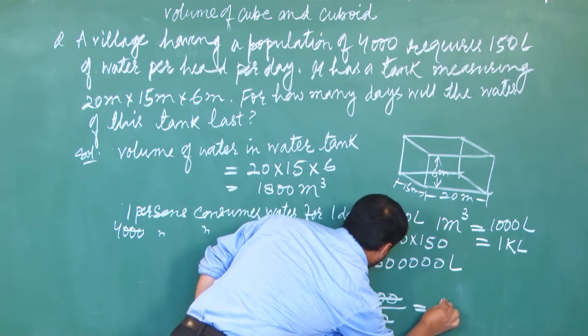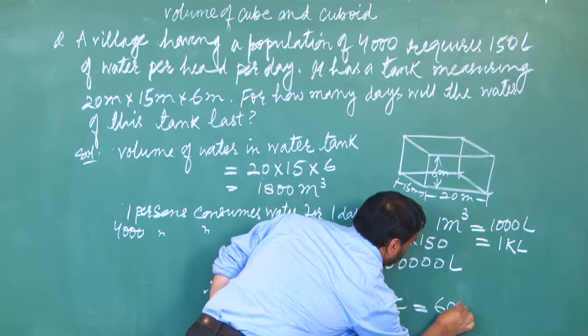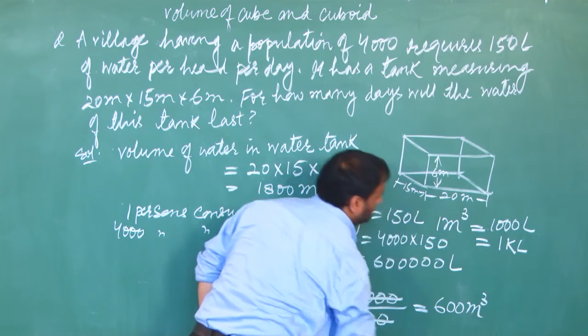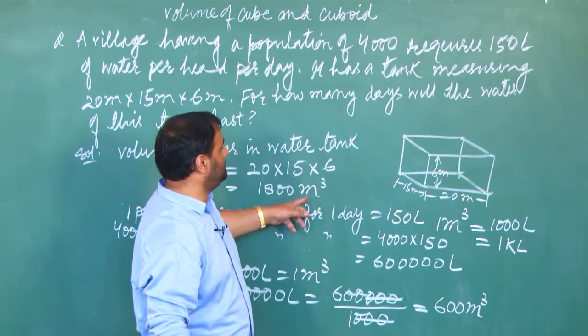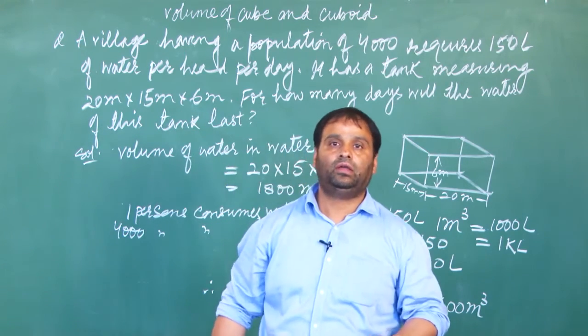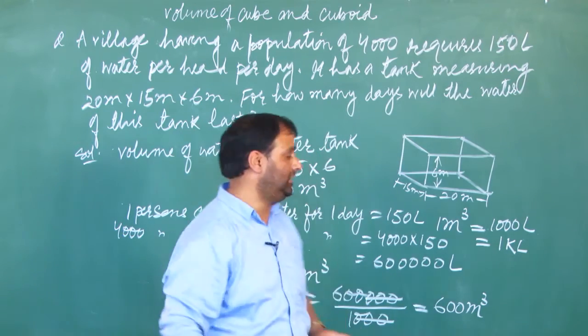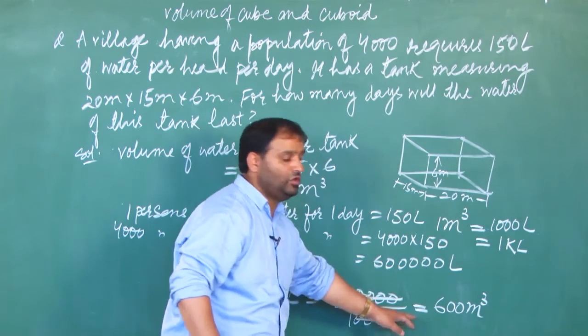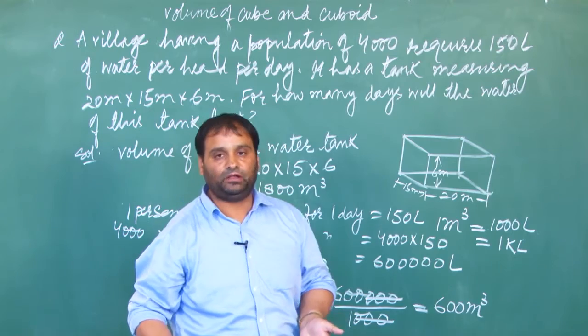So, 6 lakh liters is equal to 600 meter cube. The capacity of the water tank is 1800 meter cube and the water consumed for 1 day is 600 meter cube. So, it's simple now.